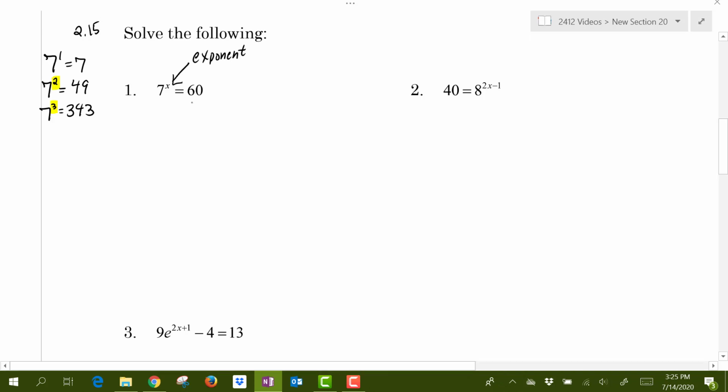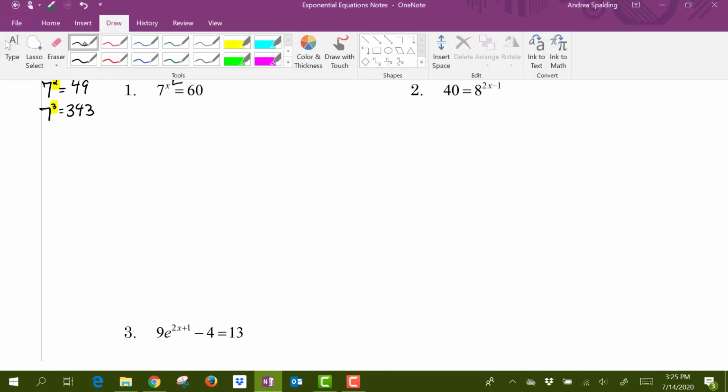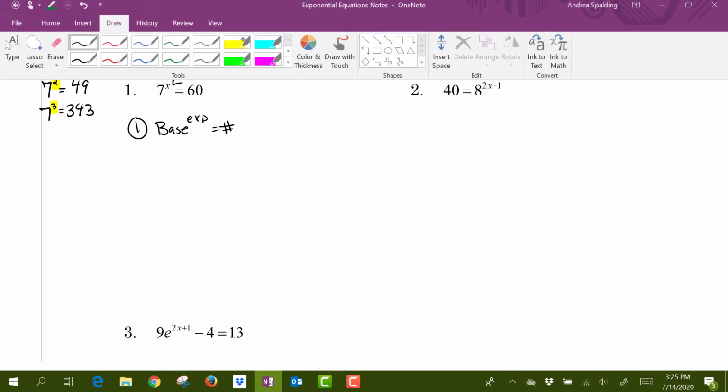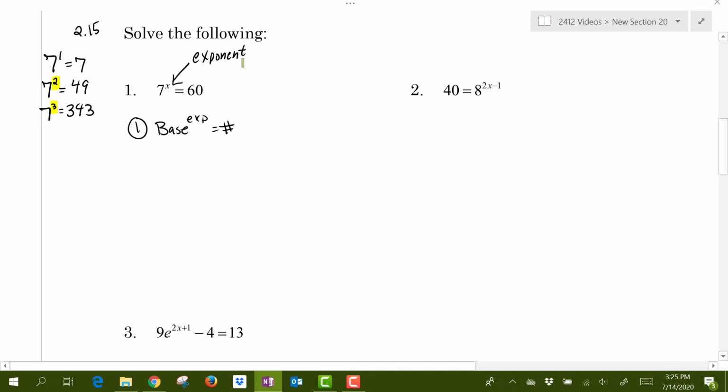All right, step number 1, we want to have the base and its exponent equaling a number on the other side. So we want to be really careful with this step. Sometimes we skip this first step and it ruins the rest of the problem. So the first thing that I recommend that you do is to find the exponent.